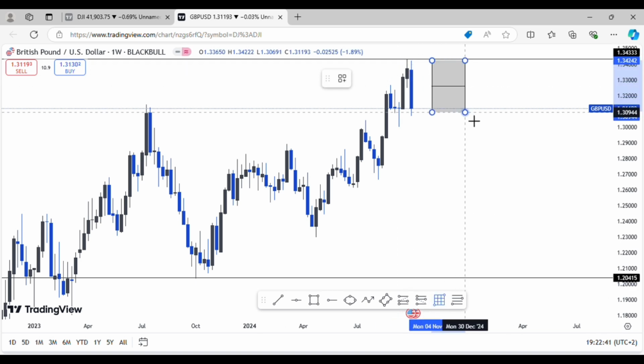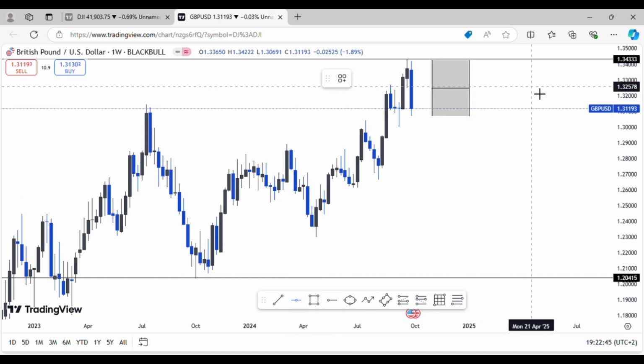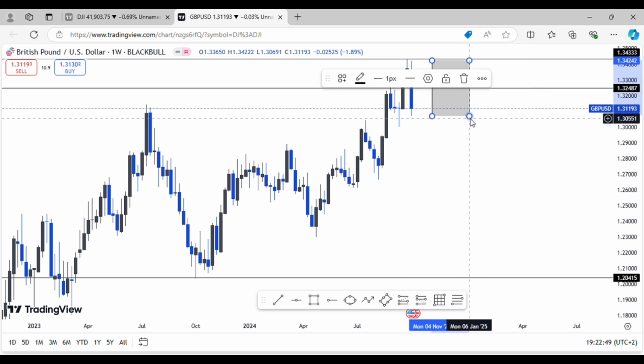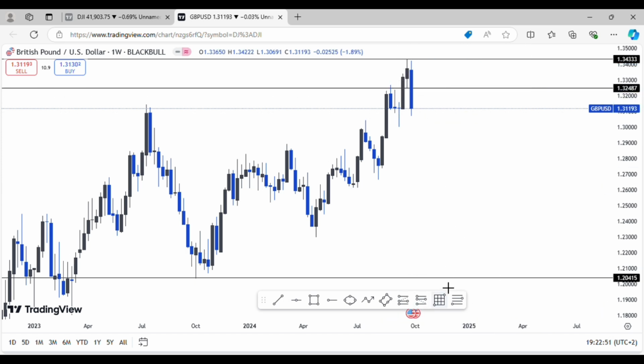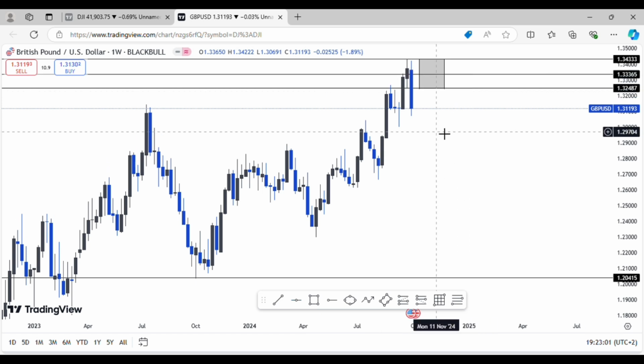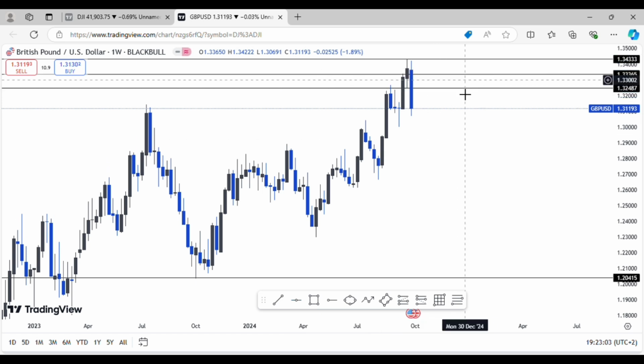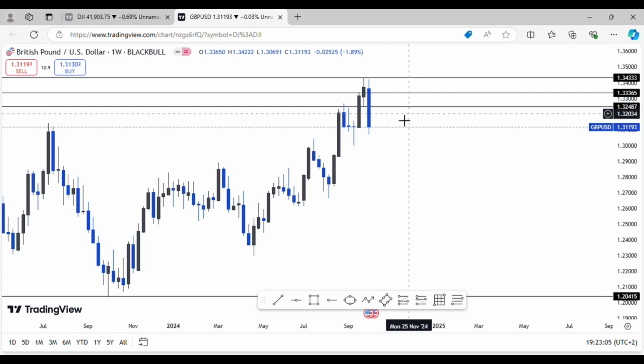So I'll just have to put this zone there, and also, sorry about that, I'll just have to put that zone there, I think, exactly. Now I can see that the market came to this resistance and it dropped off.